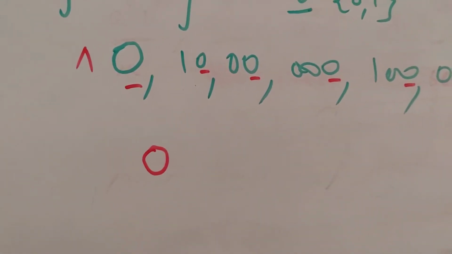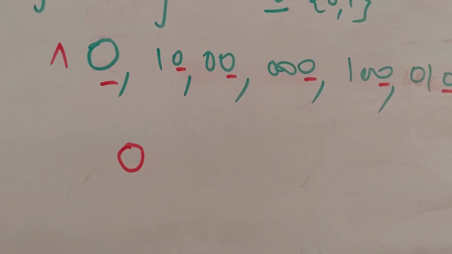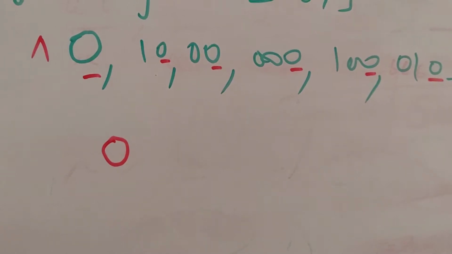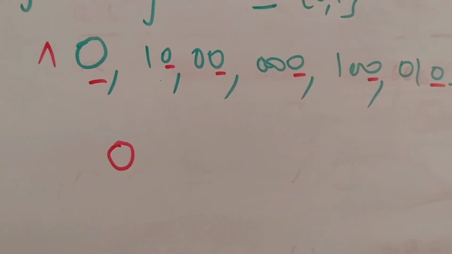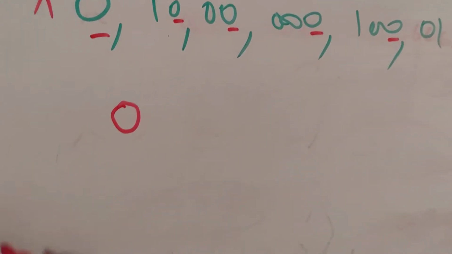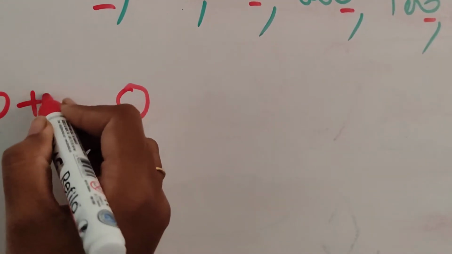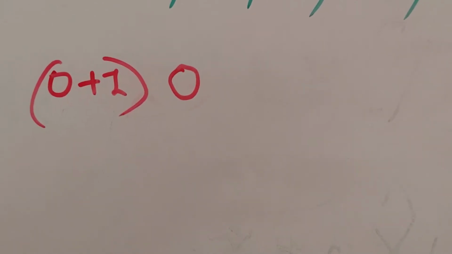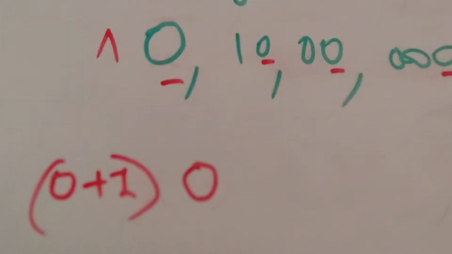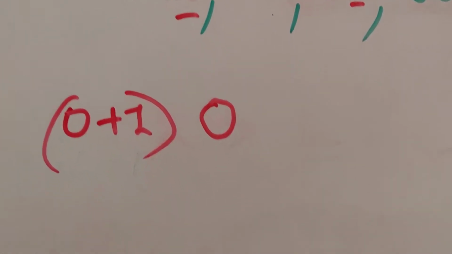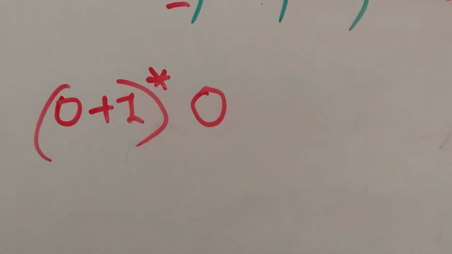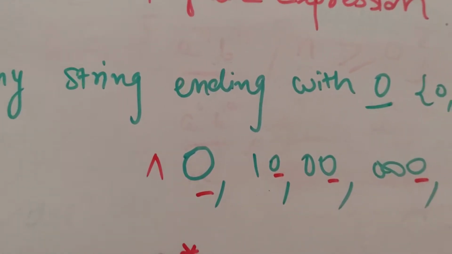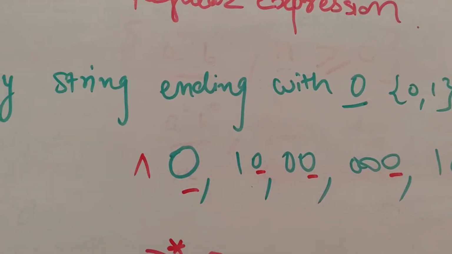In front of that, either 0 or 1 can be there, and it can occur multiple times, and there can also be null, so we take star. So (0+1)*0 is a regular expression for any string ending with 0.